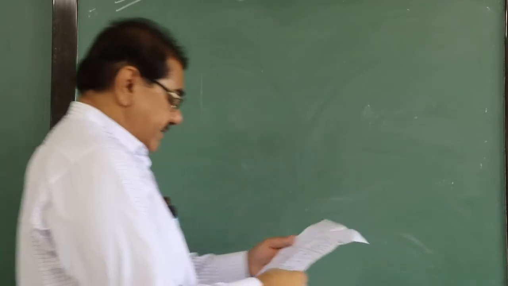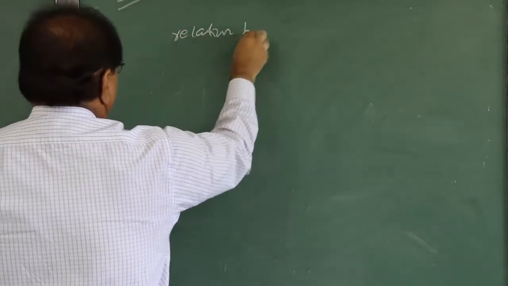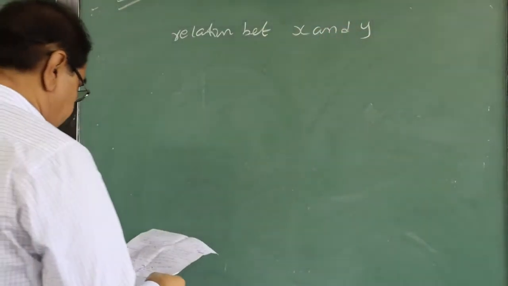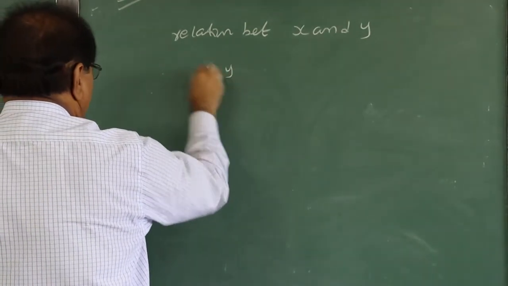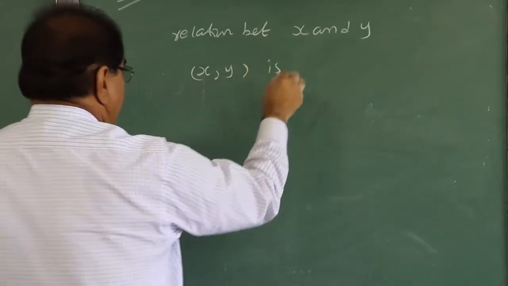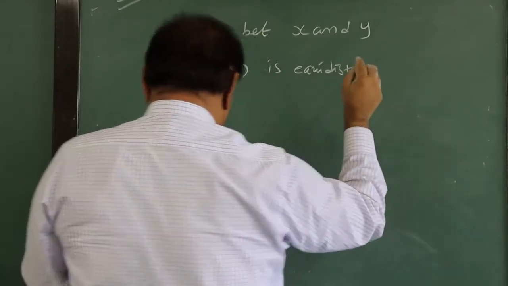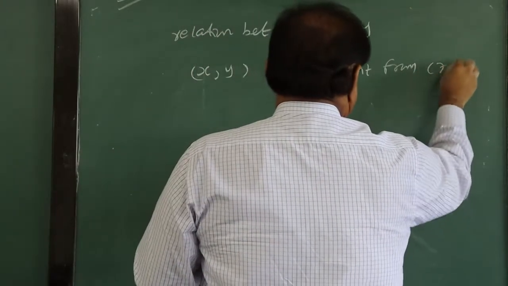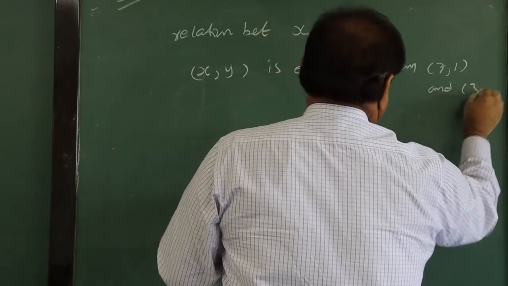We take one more example. You have to find the relation between x and y, if this point (x, y) is equidistant from (7, 1) and the second point (3, 5).